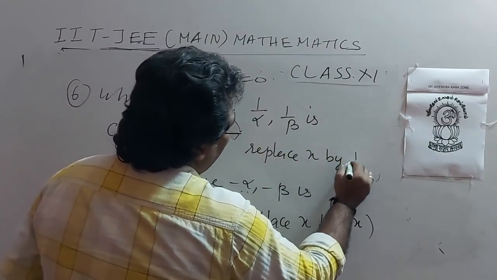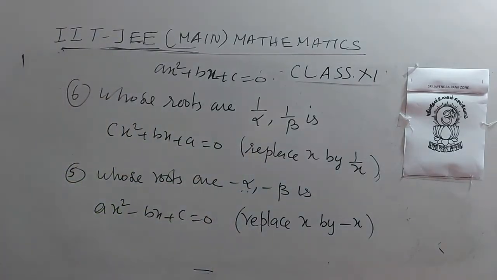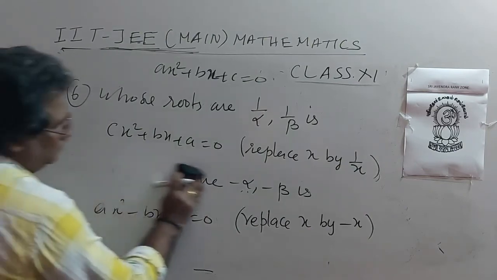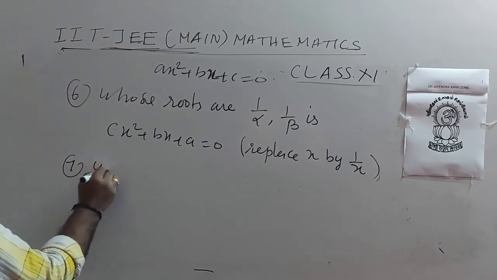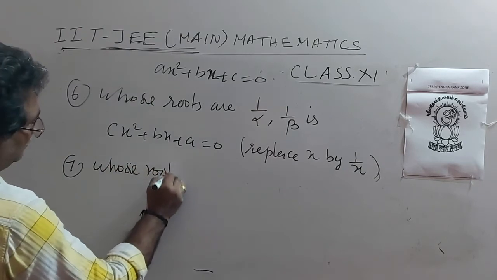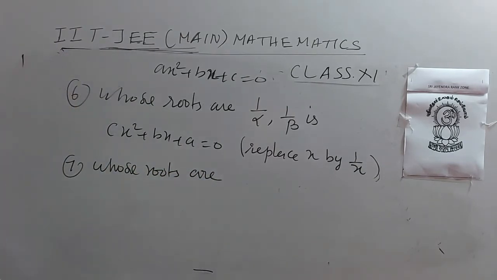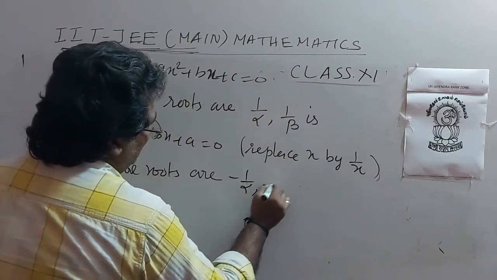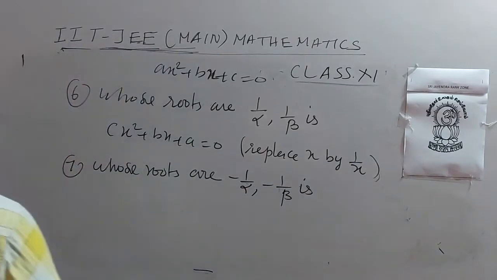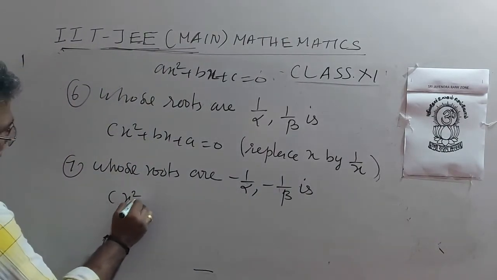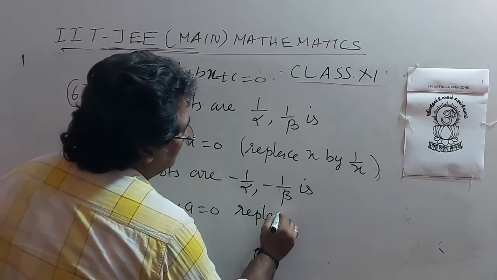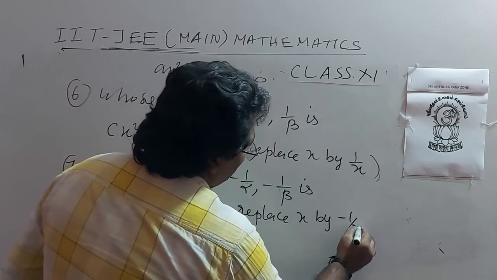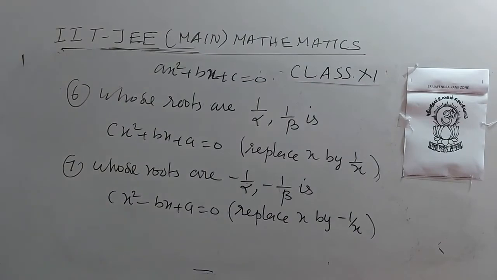Replace x by 1 by x. Whose roots are minus alpha, minus 1 by beta is cx squared minus bx plus a equal to 0. Replace x by minus 1 by x.